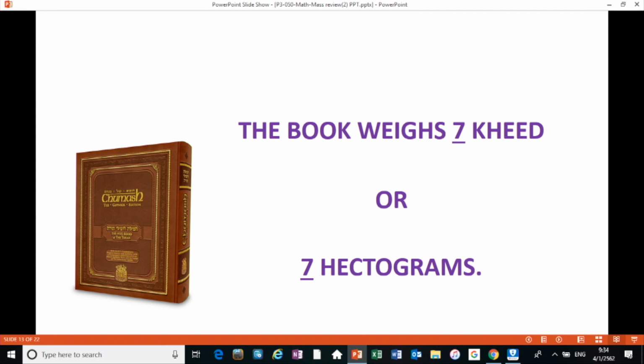How about this book in kid? 70. How many hectograms? 7 hectograms. Okay, let's think. A little bit more difficult. How many grams? 700 grams. 1 kid or 1 hectogram, 100 grams.